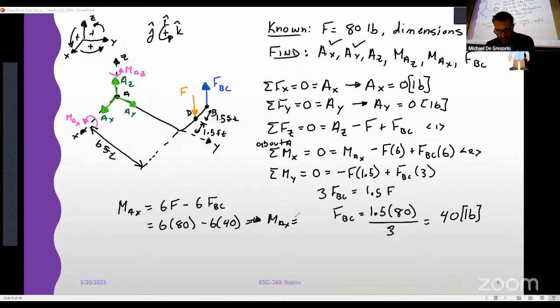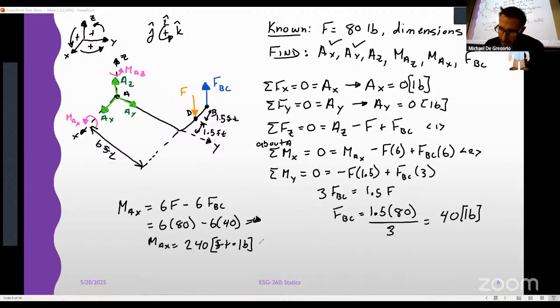MAX comes out to, that was not a good spot to write that. It's going to run into the other thing. So MAX is equal to 240 foot-pounds.